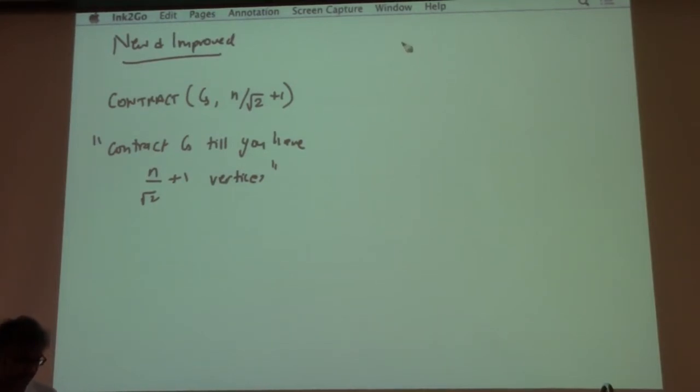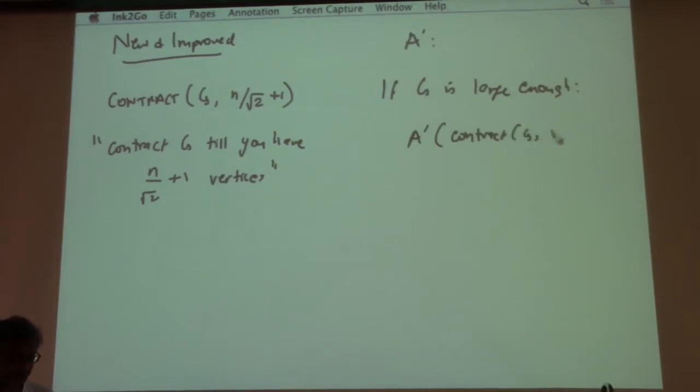So the algorithm is A prime. It takes a graph and says, if G is large enough, so G is not a small graph, does that say more than, I don't know, 8 vertices or something? Then call A prime on the contraction of G comma n over square root 2 plus 1.